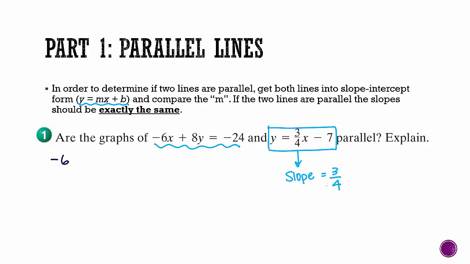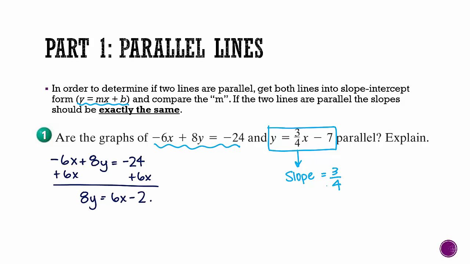So what I'm going to do is get this equation in y equals mx plus b form so that I can compare them. The first thing I have to do is move my x's over. So I get 8y equals 6x minus 24. And then divide everything by 8. So I end up with y equals 6/8 x, and then -24 over 8 can simplify to -3.